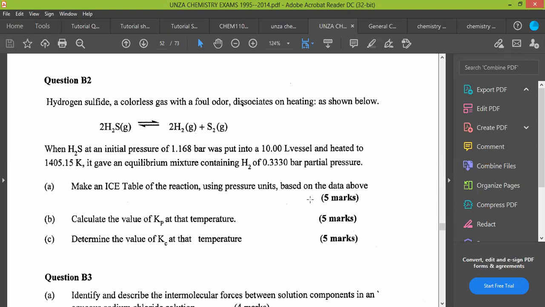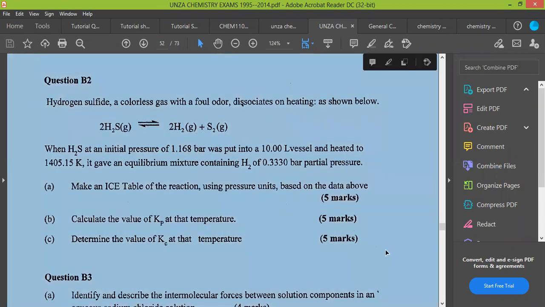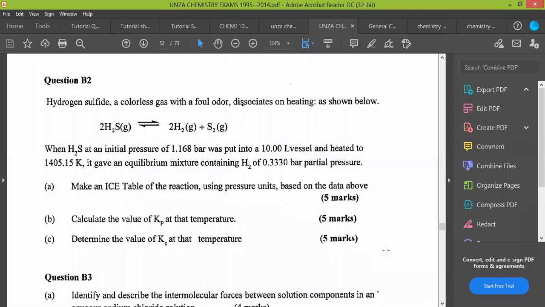Okay, so if no questions, I will send you guys the calculations done. And then tomorrow, this simply means that we've done quite a number of questions concerning equilibrium and stuff. So I think I'll try by all means to send you solutions early in the mornings and uploads also.